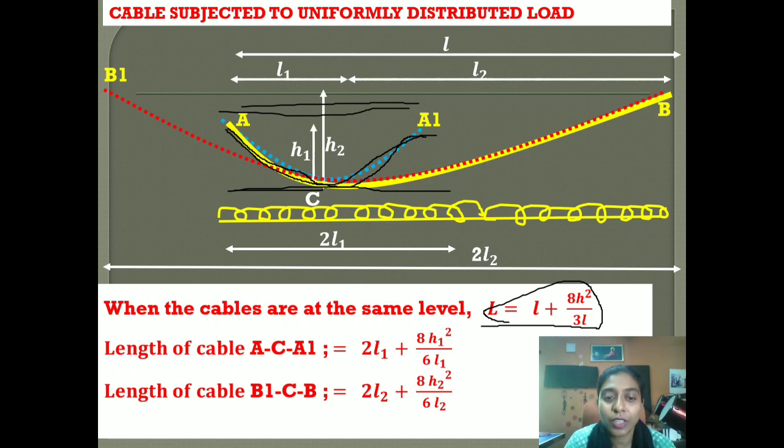So, length of the cable ACA1 is equal to, instead of L we are substituting 2L1, because the span length from A to C is L1, and the span length from A to A1 is 2L1. So we substitute 2L1 plus 8H1 square by 3 into 2L1, that is 6L1.